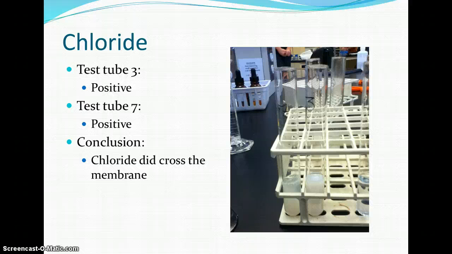We then checked for chloride, and again both are positive and a white color, which leads us to believe that it is again a small molecule that is permeable and it can cross the membrane.